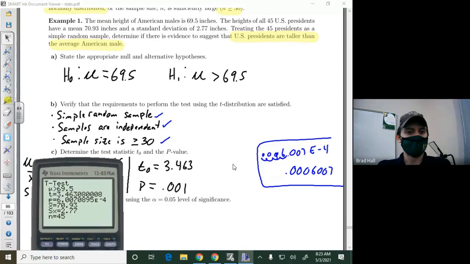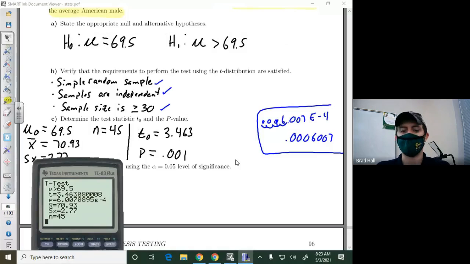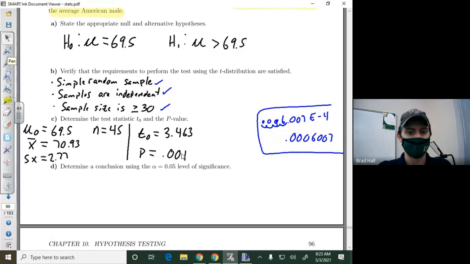So from here, everything follows exactly the same from the previous section. Now that we have the test statistic and the p-value, we can test at the level of significance they give us, which is 0.05. Remember, alpha, or the level of significance, is the probability of committing a type 1 error.